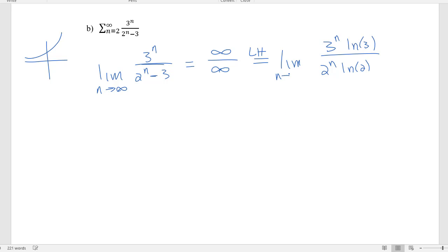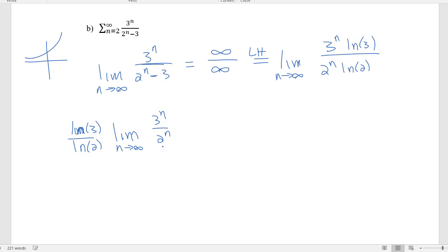Now when I look at this limit, the way that I like to think about it is ln 3 over ln 2 is constant. So I'm pulling ln of 3 over ln of 2 out of the limit process, and then I have 3 to the n over 2 to the n.